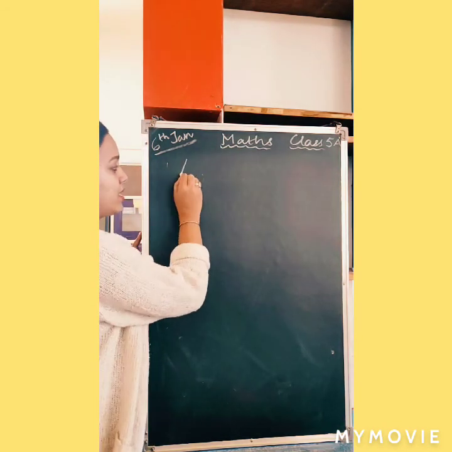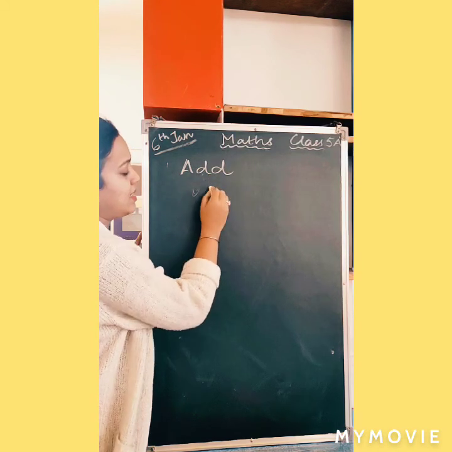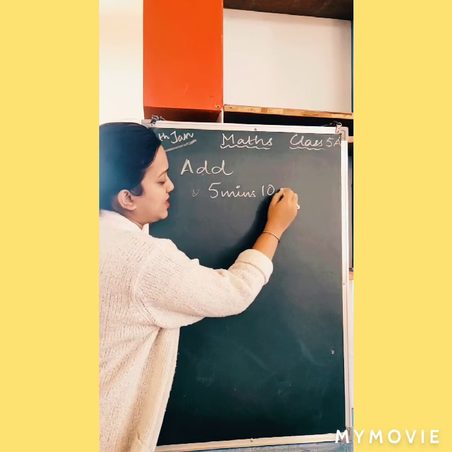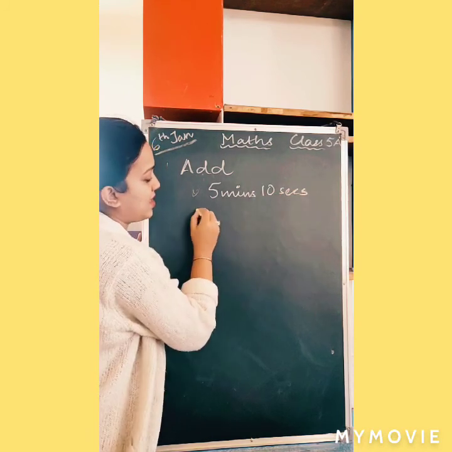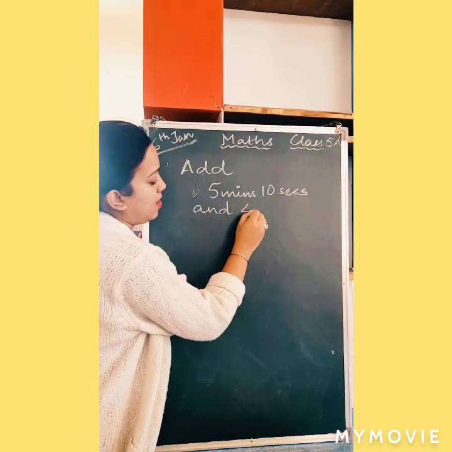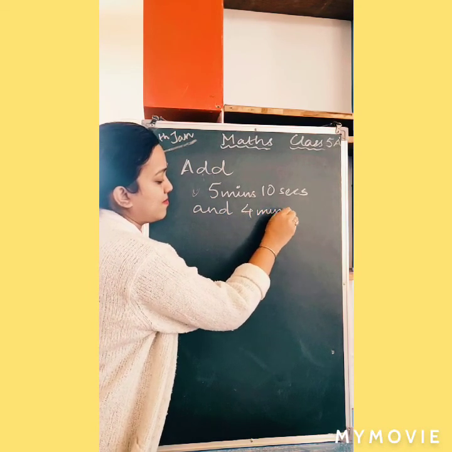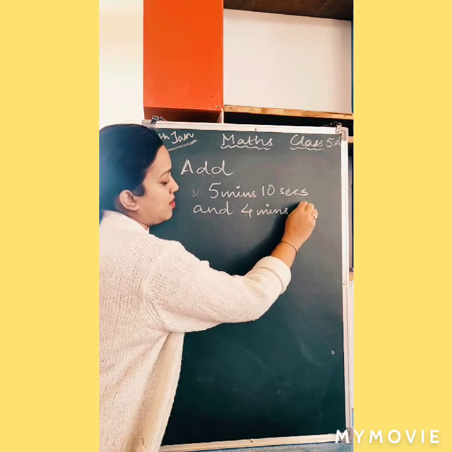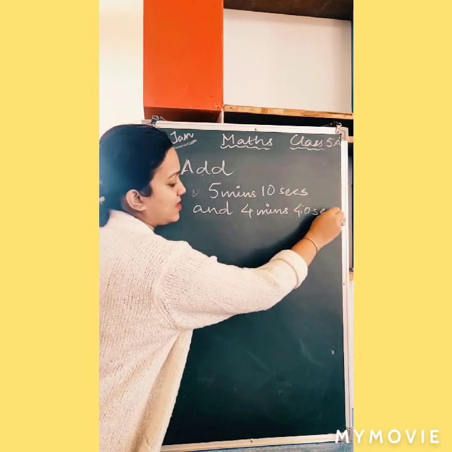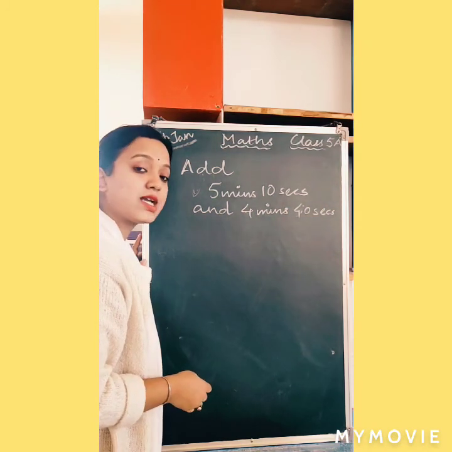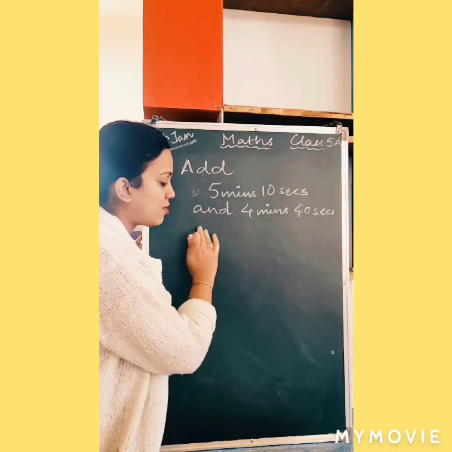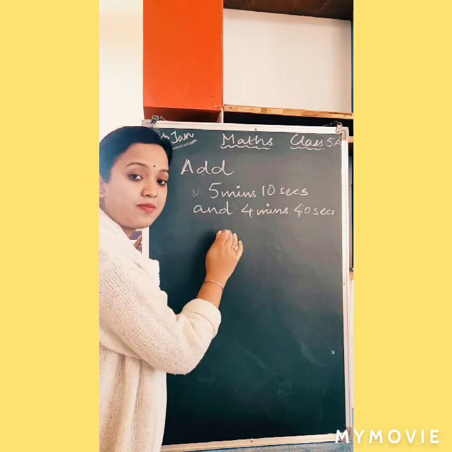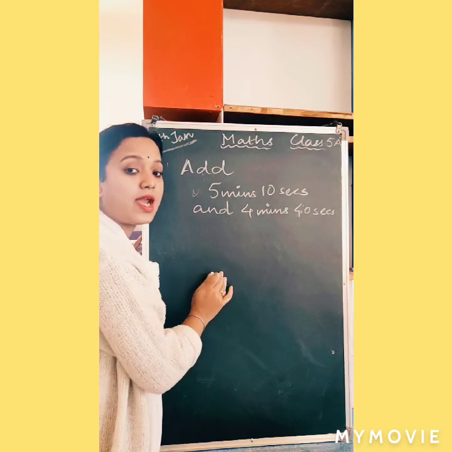Suppose I give you a question. Add 5 minutes 10 seconds and 4 minutes 40 seconds. Now when you get such a question, you write the numbers properly based on their units.